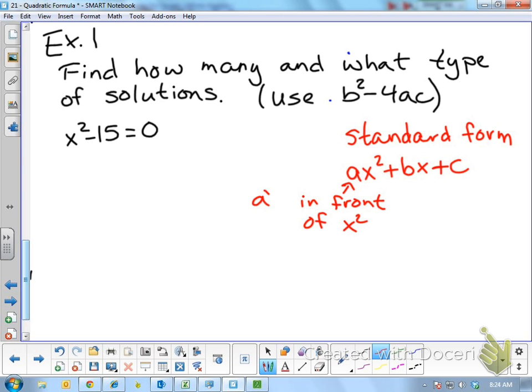B is in front of x. And this is every single time, which is why I write it out. It has to be in that order. And then C has no variable.